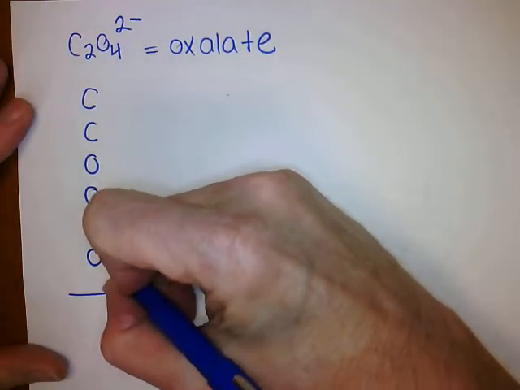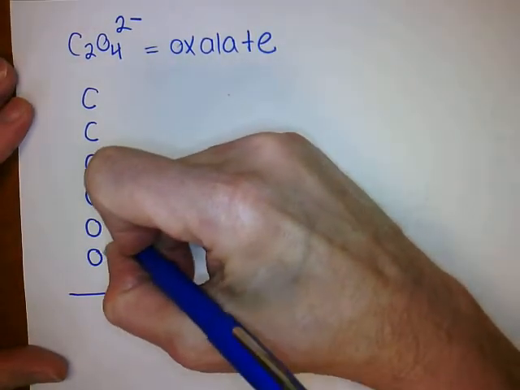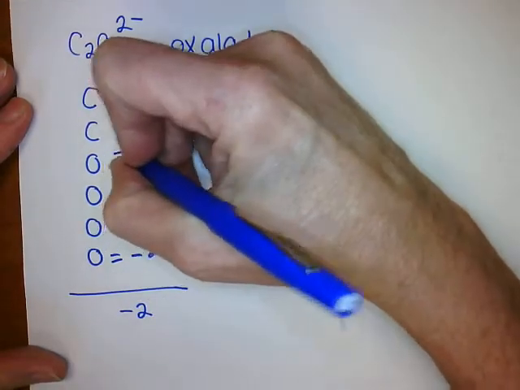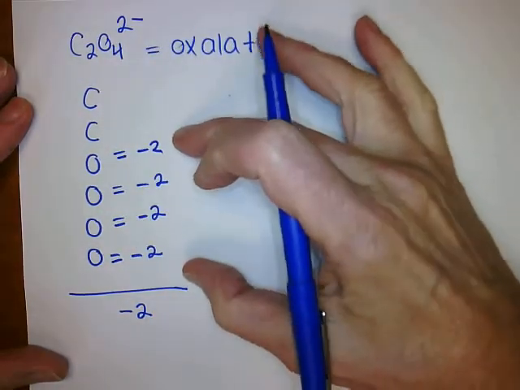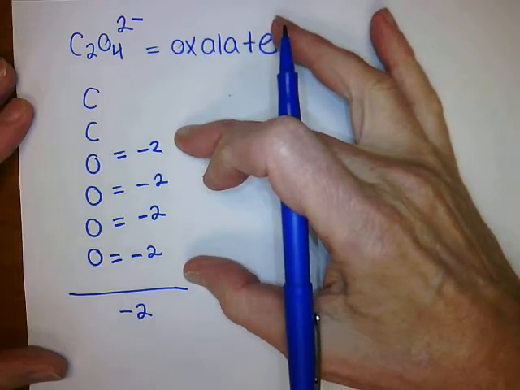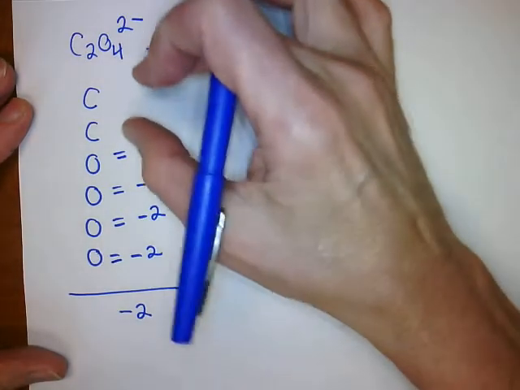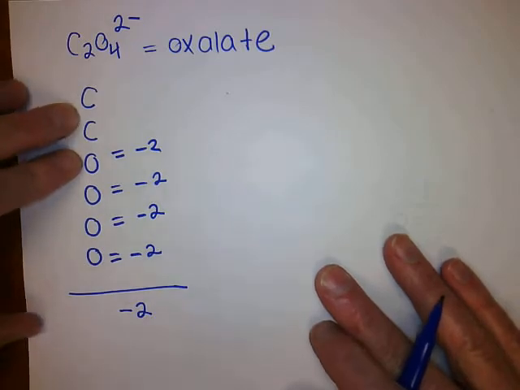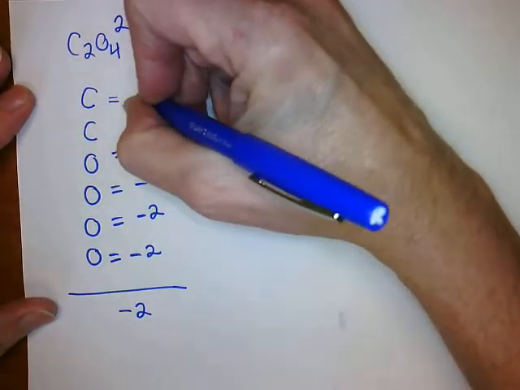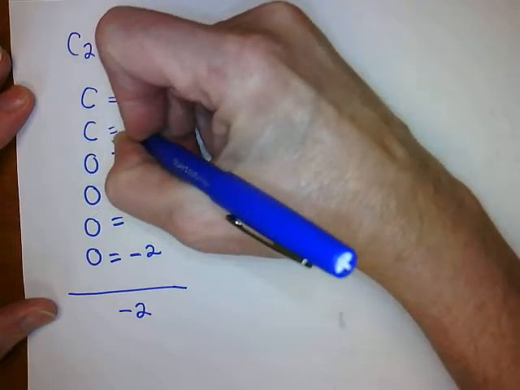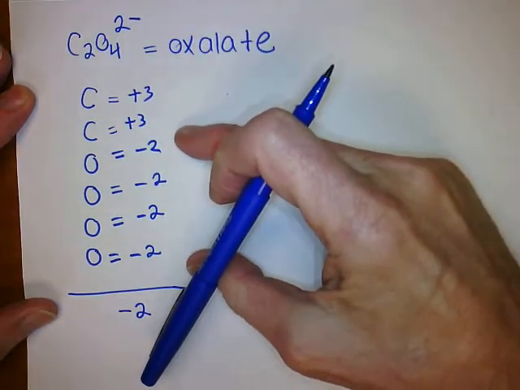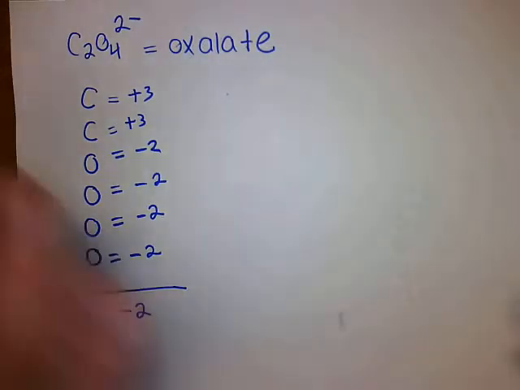So if each oxygen is -2, that's -8. So the carbons have to be +6, but there's 2 of them. So each carbon is +3, right? Because +6 minus 8 makes 2 minus.